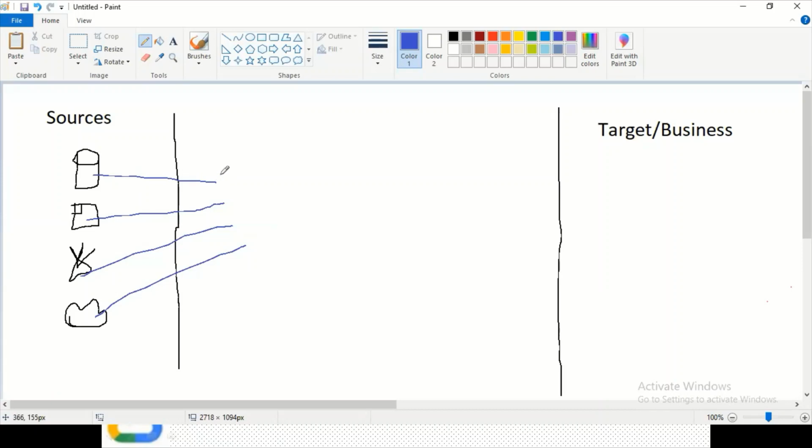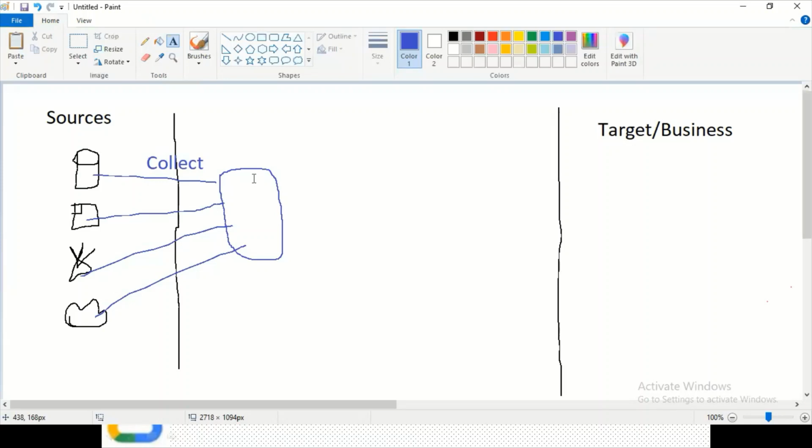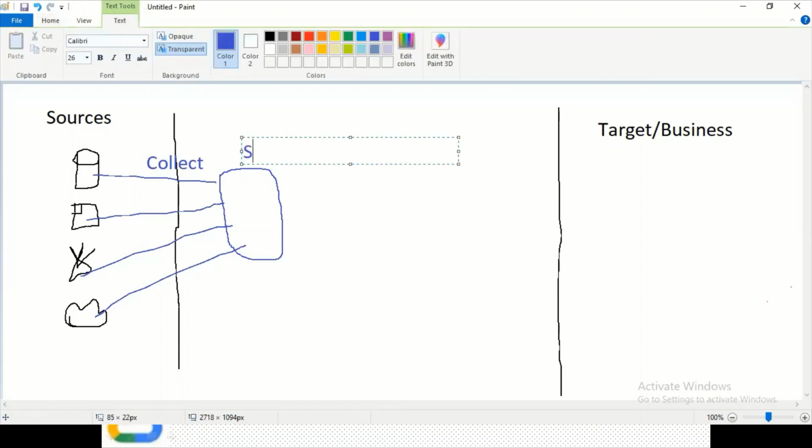Once you collect the data, you store it here in the storage. This is called collect. There are many formats, such as CSV, JSON, Avro, Parquet. We'll talk about those in the course. Based on the data, we collect and store.